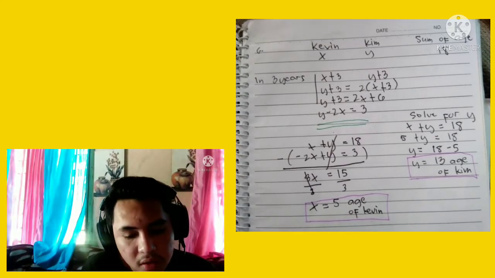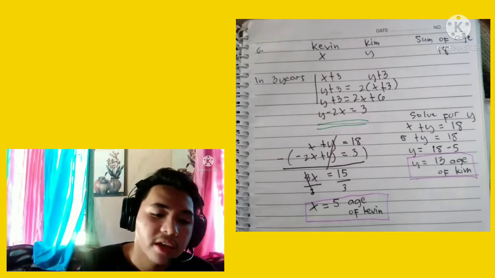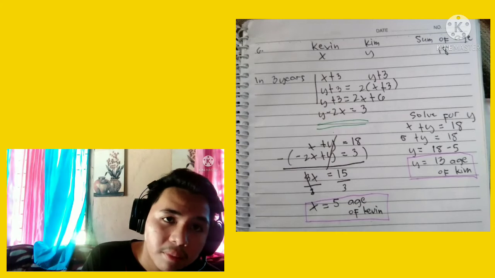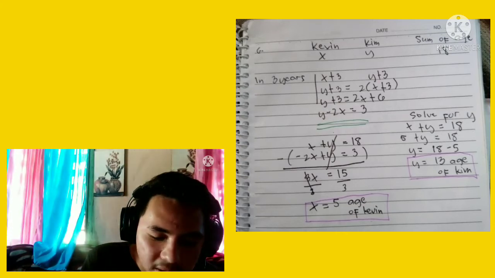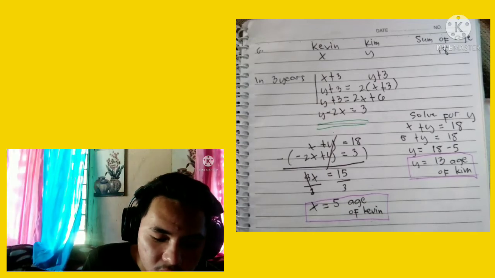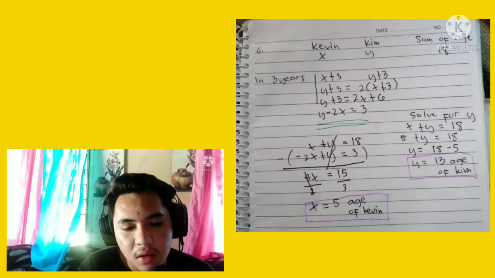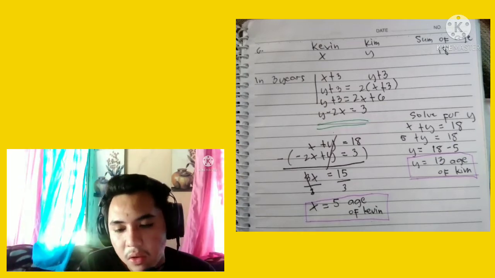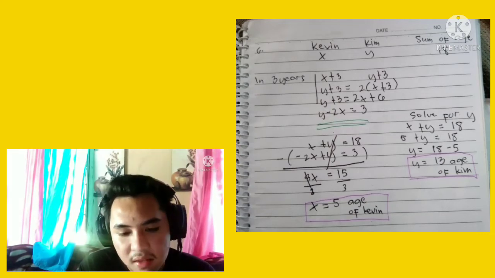So in 3 years, we will add, so x plus 3 and y plus 3. So y plus 3 equals 2 times x plus 3, because Kim will be twice as old as Kevin.